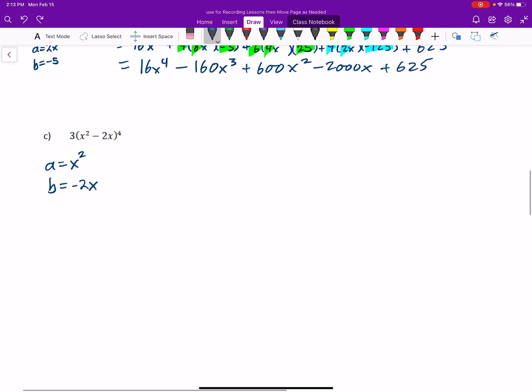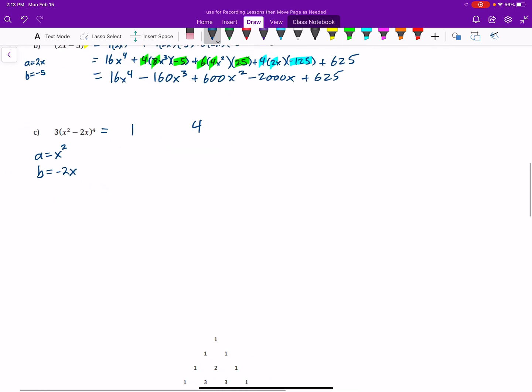So, fourth row of Pascal's triangle goes 1, 4, 6, 4, 1. And if a is x squared, I'm going to have x squared to the 4, right? I take my a value and raise it to whatever that exponent is. And then the next one would be my a value, which is x squared to the 3.